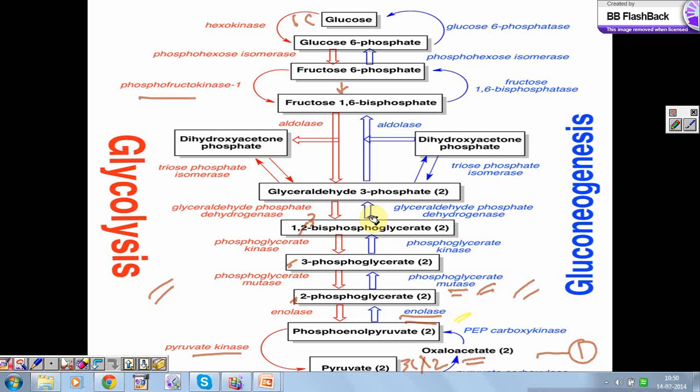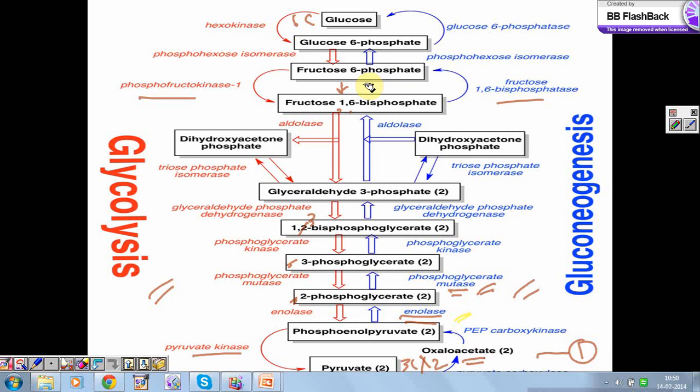Likewise, in gluconeogenesis, this step is also very crucial, and it is governed by the enzyme called fructose 1,6-biphosphatase. Here there was a phosphate at the first and the 6th carbon position. Now the phosphate has been hydrolyzed from the first carbon position, and in fructose 6-phosphate, the phosphate is left only at the 6th carbon position.